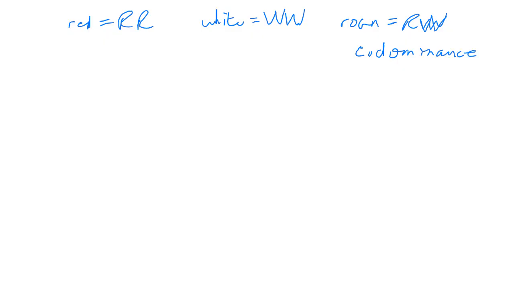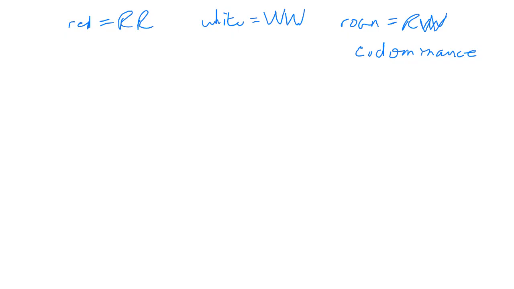But why is this not incomplete dominance? They don't blend together; they are exhibited separately. Right, so both colors are in the phenotype, so we see both colors, right? It's not an intermediate color.